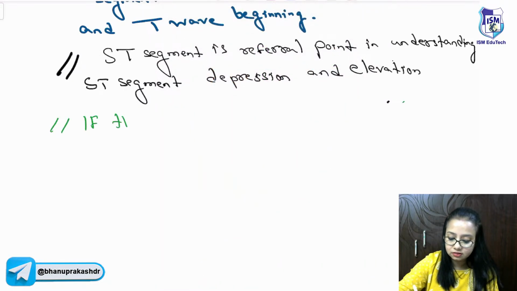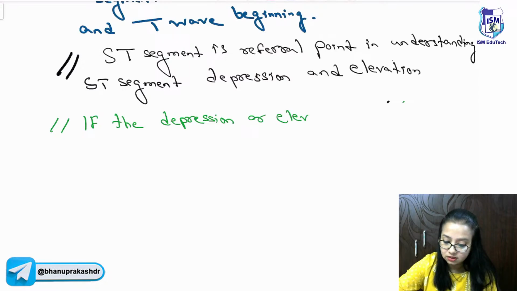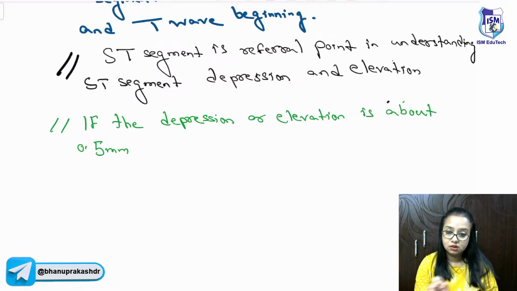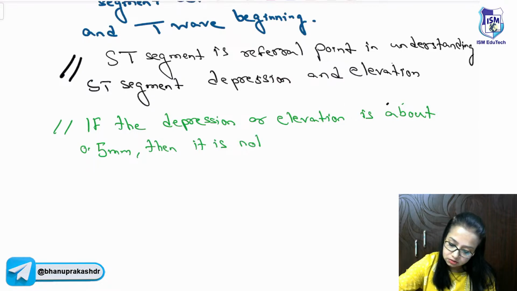if the depression or elevation is about 0.5 mm, like half a small box from the isoelectric line, if it has gone up or down, then it is not clinically relevant.